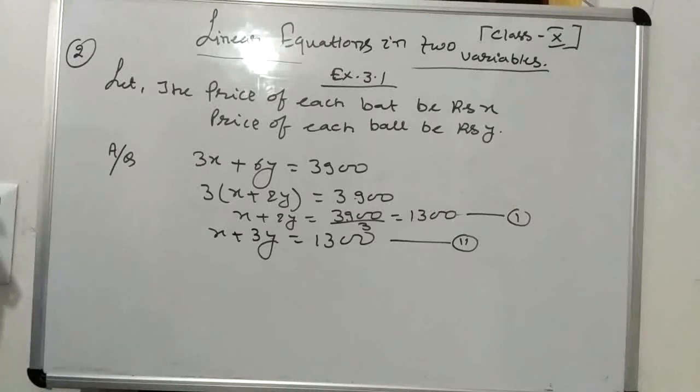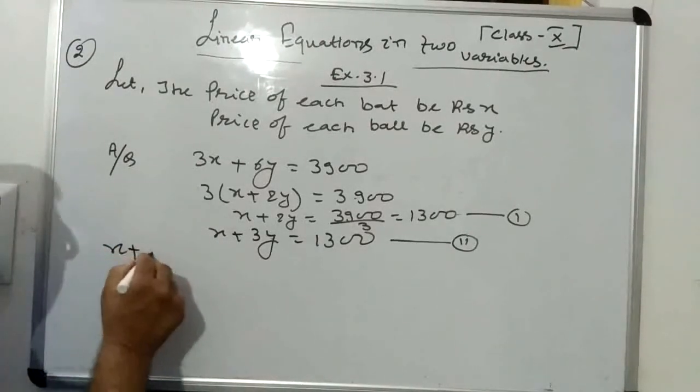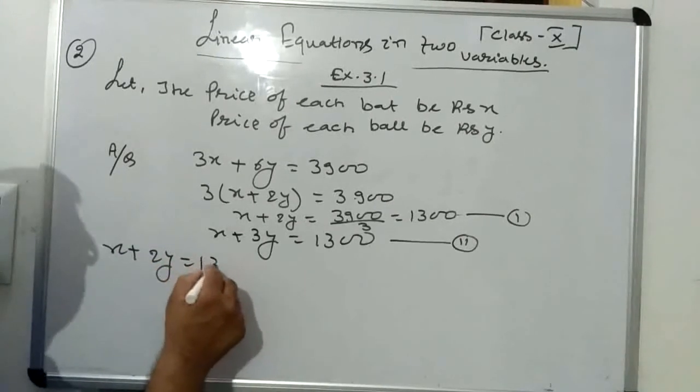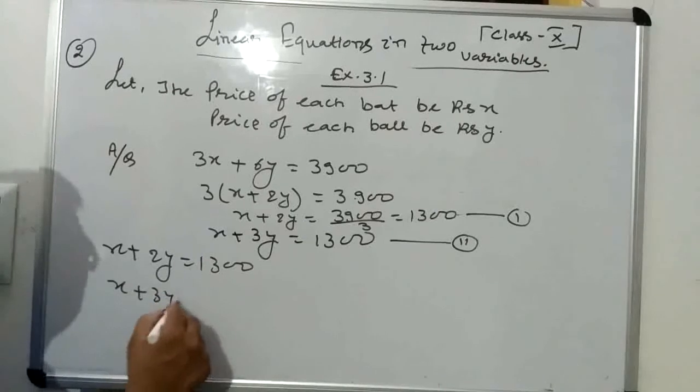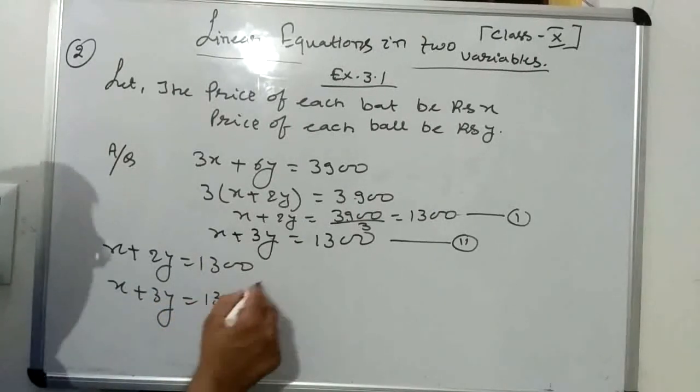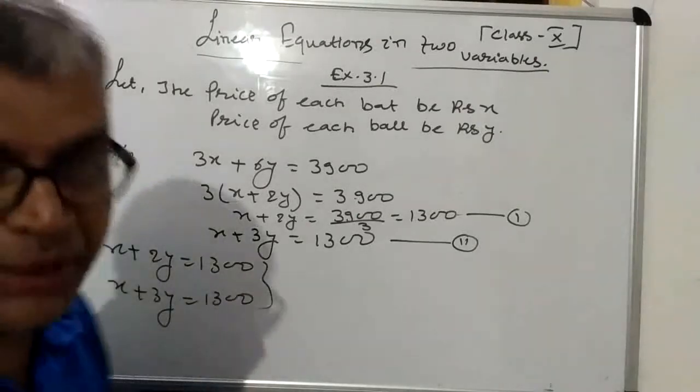x plus 2y equals 1300 and x plus 3y equals 1300 are the two equations which have been represented algebraically. Now you need to represent this situation graphically or geometrically.